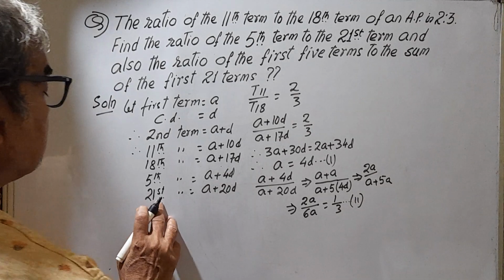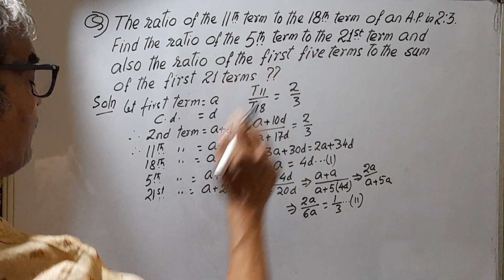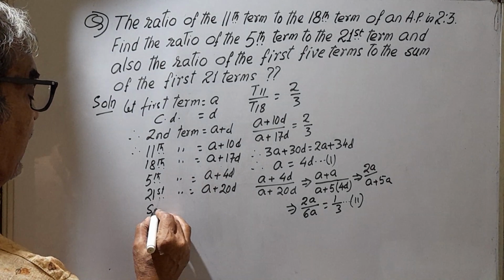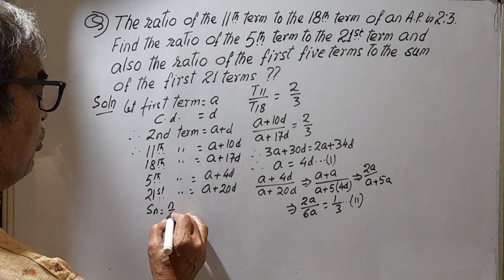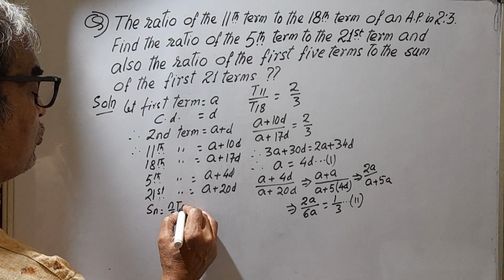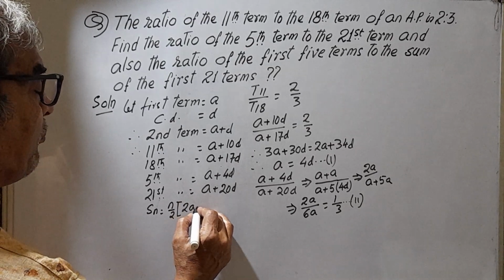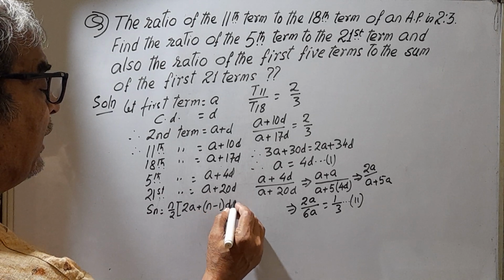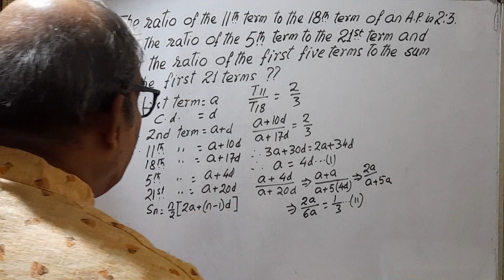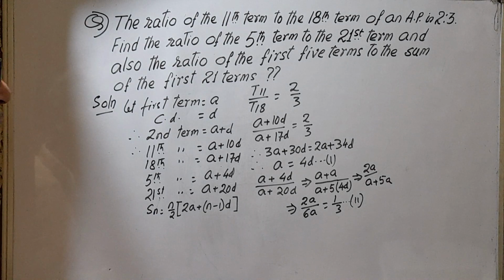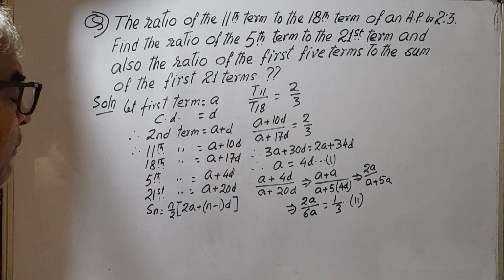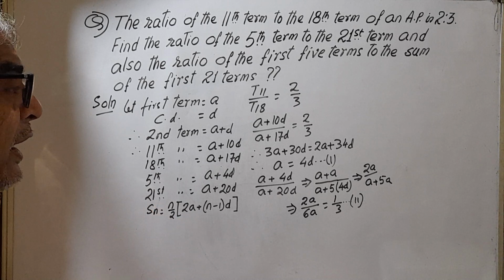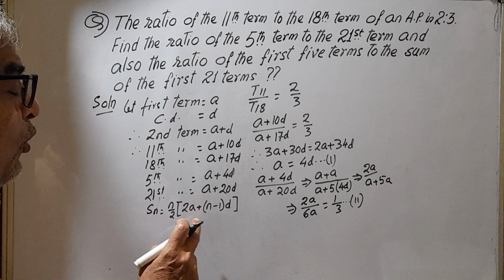And now, sum of first n terms Sn equal to n by 2 into 2a plus (n minus 1) into d. Now n equal to how much? 5 by 2, because first 5 terms, and 2a plus, n is 5 minus 1 is 4d.